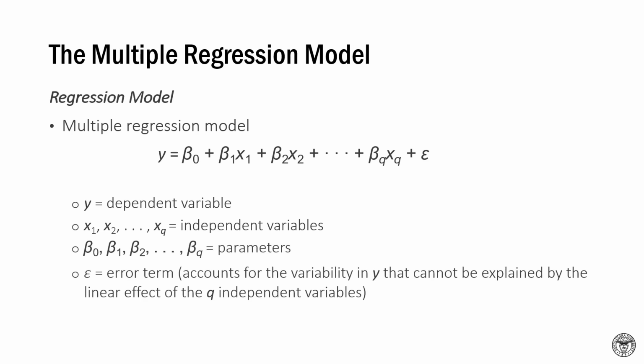Similar to simple regression, beta 0 symbolizes the intercept. Each slope coefficient, denoted as beta j, signifies the shift in the average value of the dependent variable y in response to a 1 unit increment in the independent variable xj, while keeping the values of other independent variables unchanged.